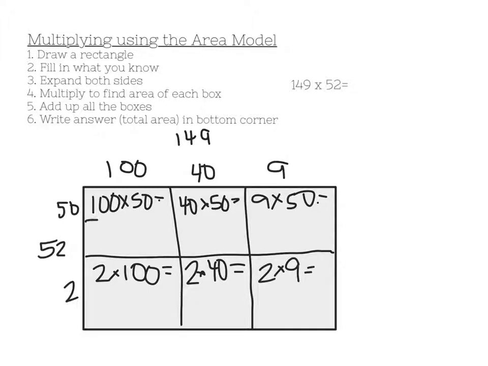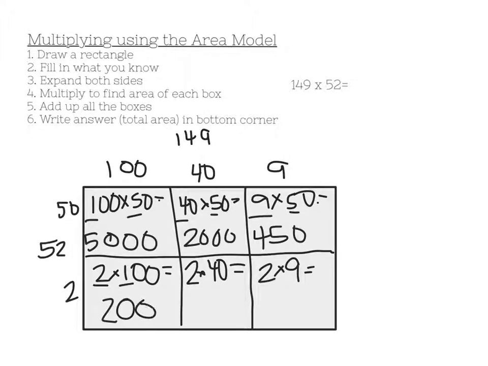So I do 1 times 5 and I get 5, but I have to put those 3 zeros on. 4 times 5 is 20, and then add those 2 zeros. 9 times 5 is 45, and add that 1 zero. 2 times 1 is 2, add the 2 zeros. 2 times 4 is 8, and add 1 zero, and then 2 times 9 is 18.